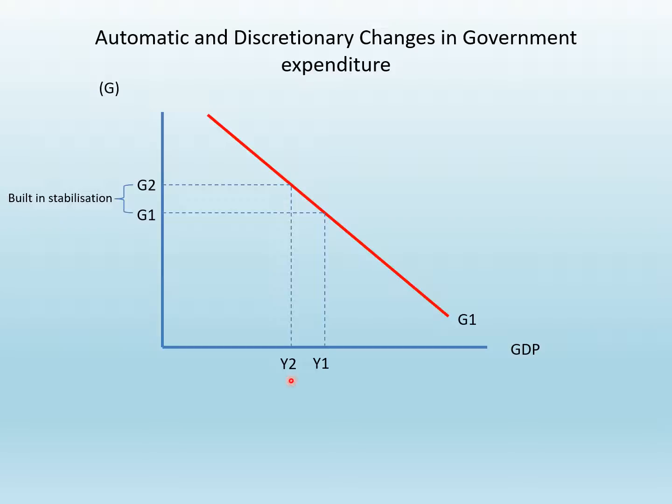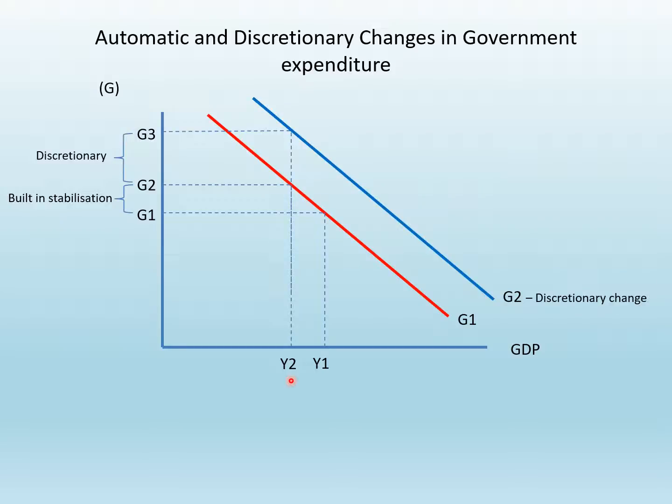If government now makes a policy change, then the entire curve will move. Now government expenditure increases from G1 to G3, where the G2 to G3 component of the expenditure is a discretionary policy change.